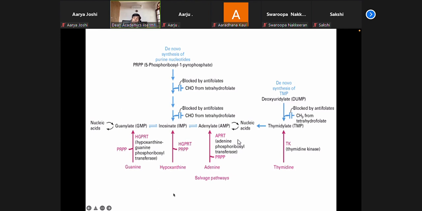There is another pathway which can be utilized for synthesis of these nucleotides even if this pathway is blocked. This is called the salvage pathway. However, for this pathway to be utilized, you require the activity of the enzyme HGPRT. Now, HGPRT function should be missing in the cancerous cells which you are using for hybridoma technology.